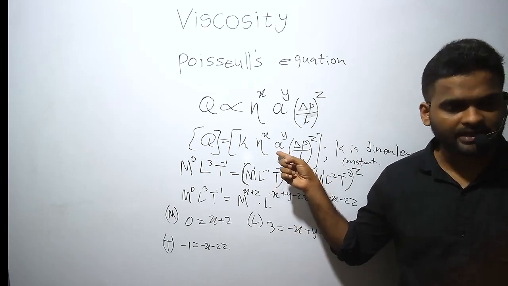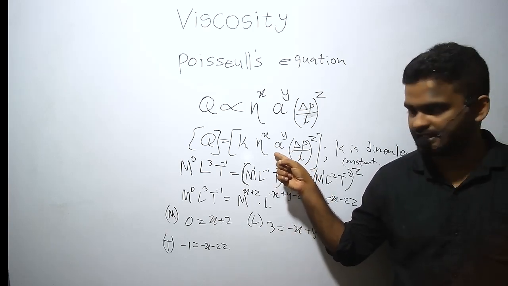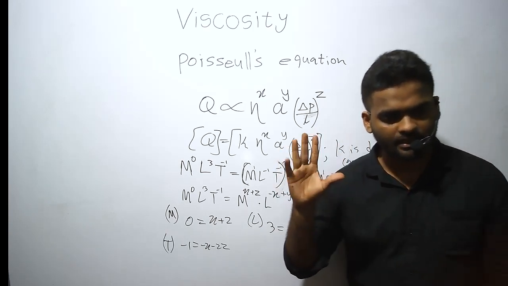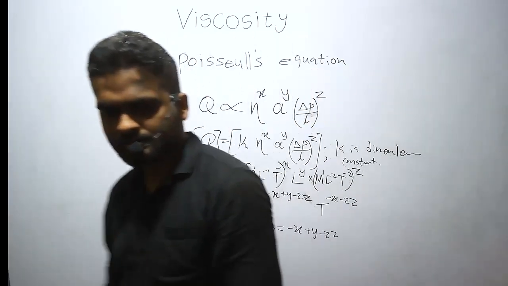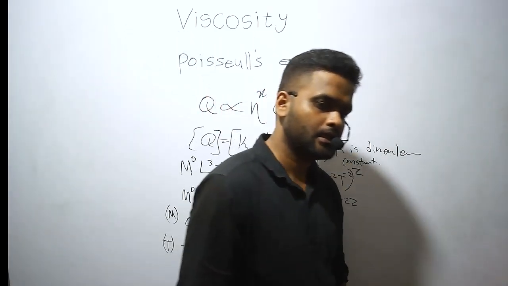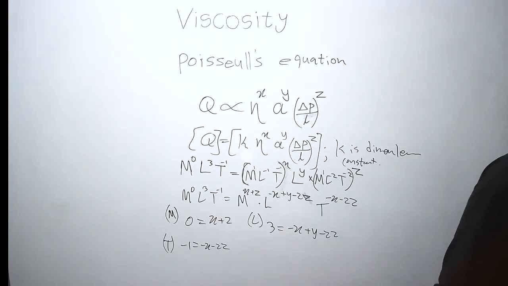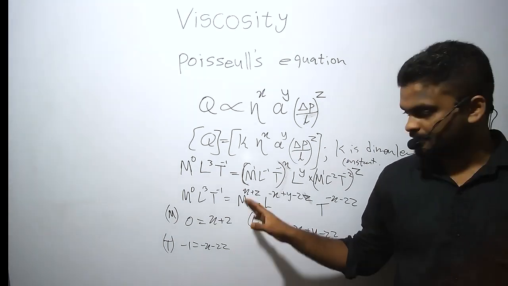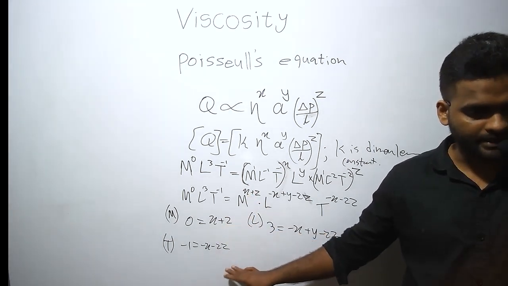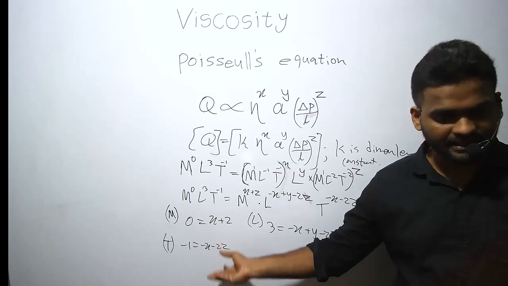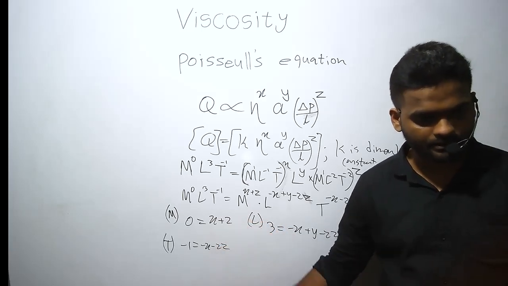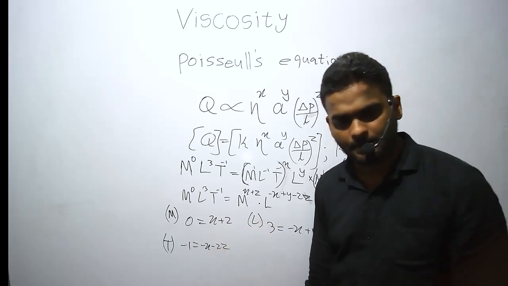Simple a means radius, right? It is a length. Simple a does not mean area, it is a radius. Okay, quickly find x, y, and z. It's three simultaneous equations, right? You have to find x, y, and z.